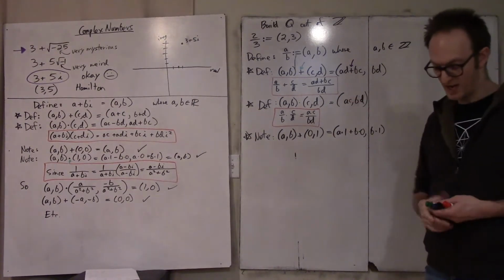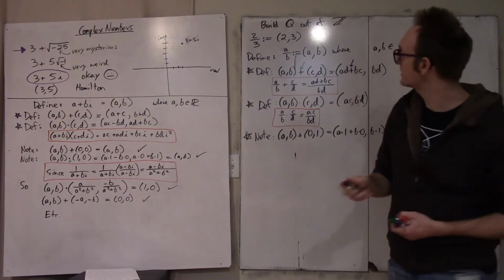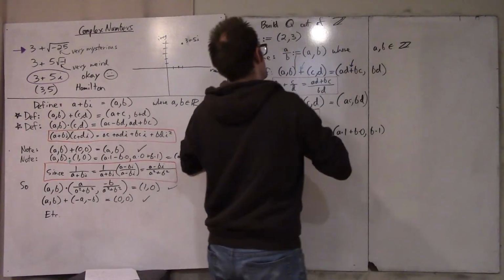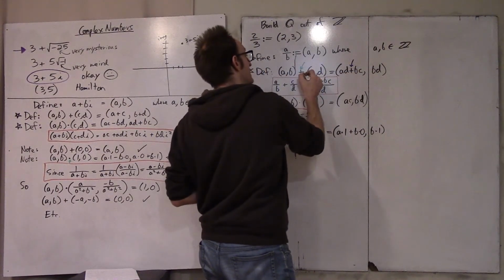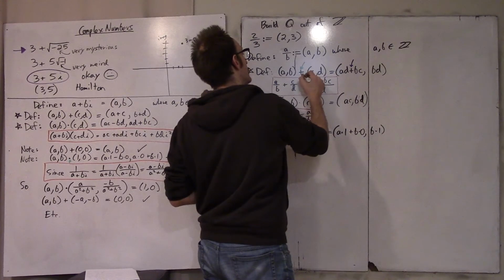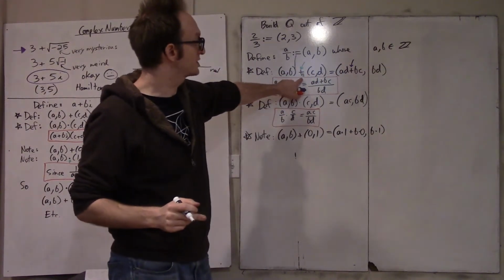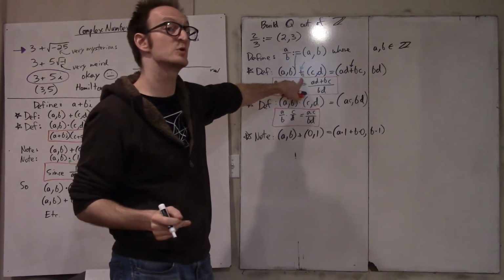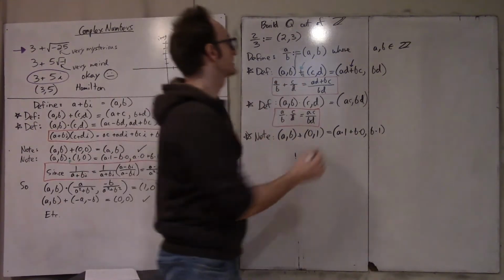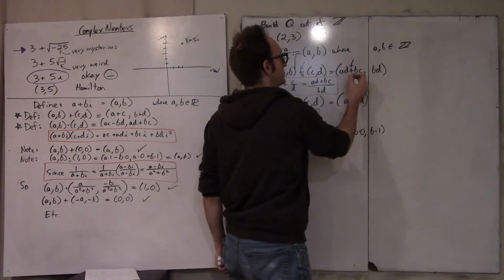If you're a super fancy person, you're going to start sticking subscripts on your pluses. If this were a real class, I would do that. Here, this addition is the addition typed to the rationals, whereas this addition is integer addition.